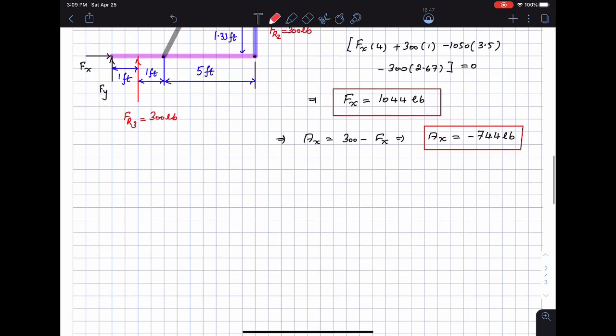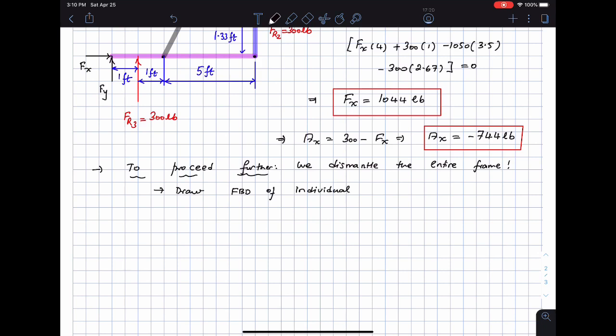Okay, so to proceed further, we dismantle the entire frame, and then we draw the free body diagram of the individual bars of the frame.